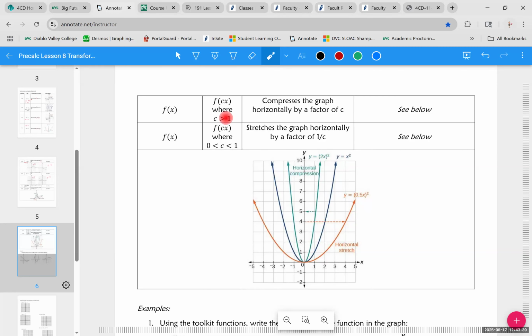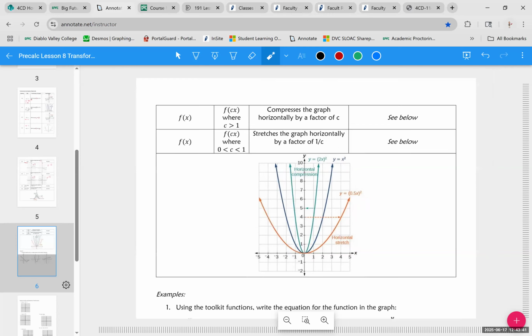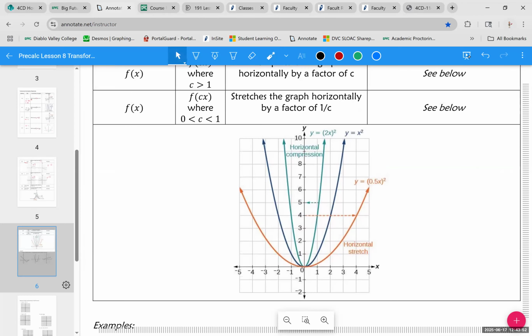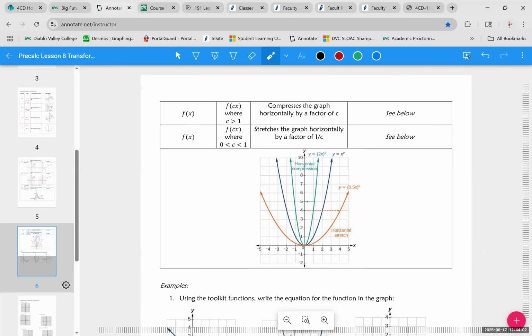If that number is bigger than 1, it's going to make the graph more compressed. Again, like you were pushing it in from the sides. Whereas if you multiply it by a number that's between 0 and 1, like here, it's going to make it more stretched. So it's like you're pulling it out from the sides.